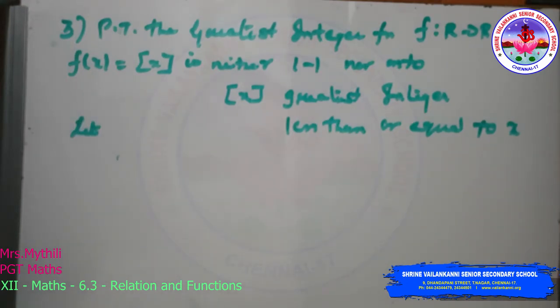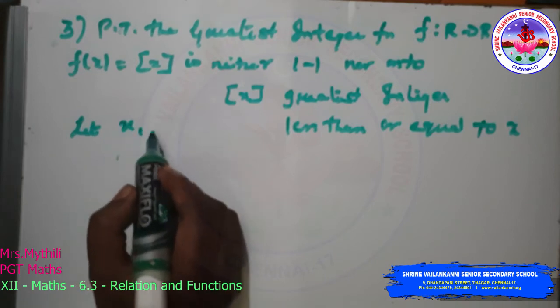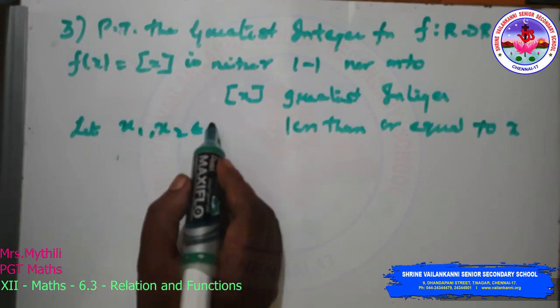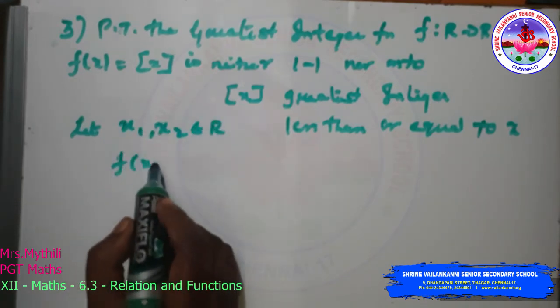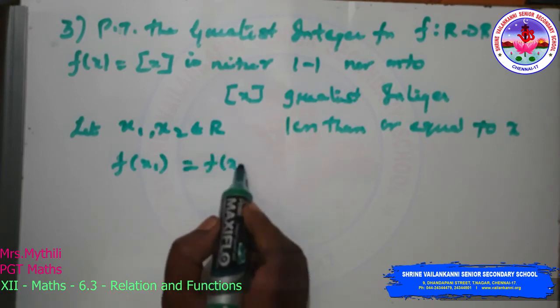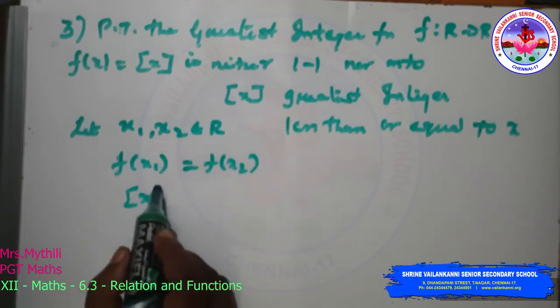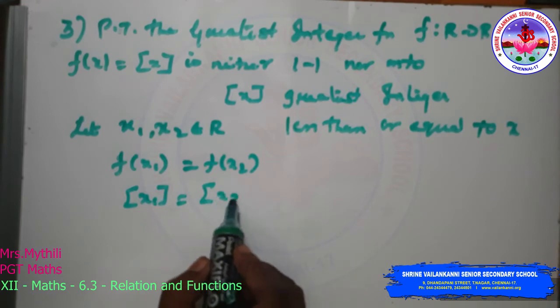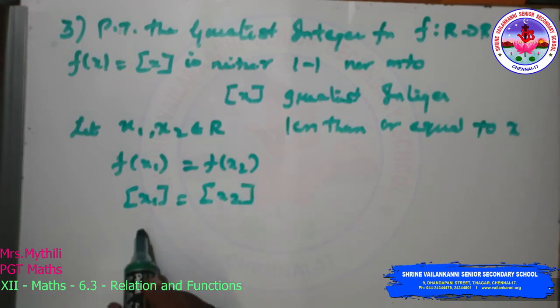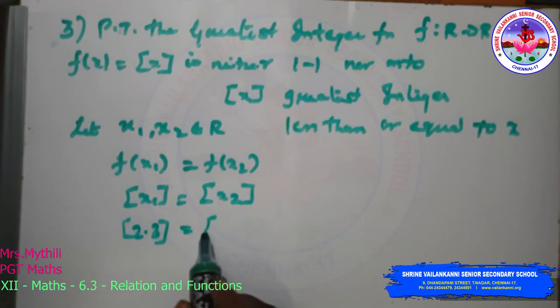Now we have to check for one-one function: x1, x2 belong to R, f(x1) = f(x2) should imply x1 = x2. We take any value, some 2.3 as x1, and take x2 as 2.4.